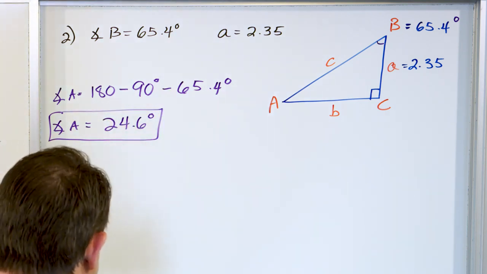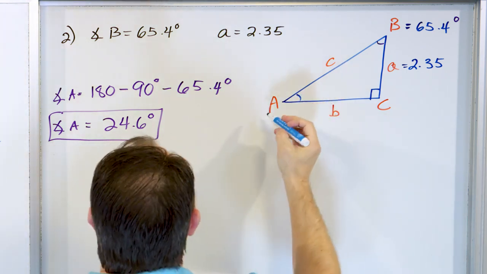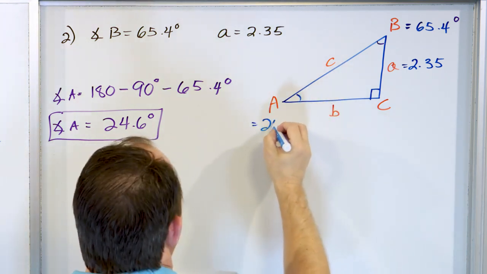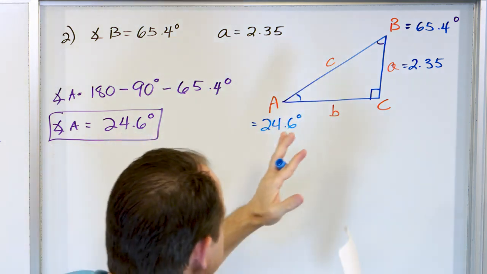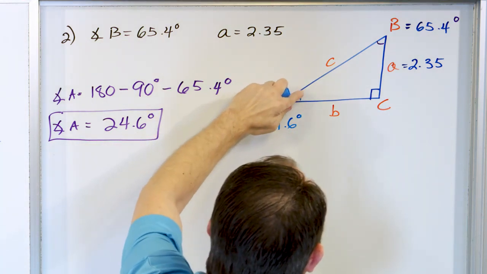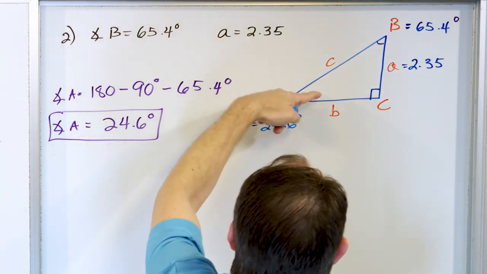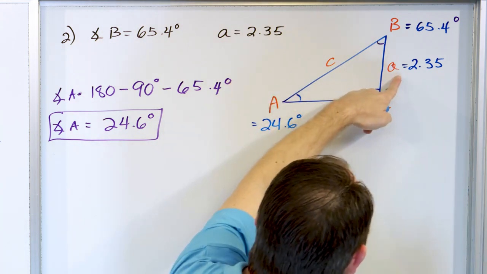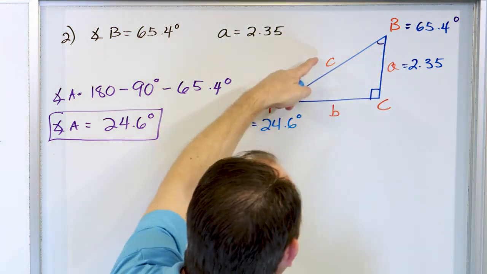All right, next. What can we do next? We know that this angle right here is 24.6. So now that we have it oriented like this, we want to do our sine and cosine based on this angle. The sine of this angle is the opposite side over the hypotenuse. The cosine will be the adjacent over the hypotenuse.